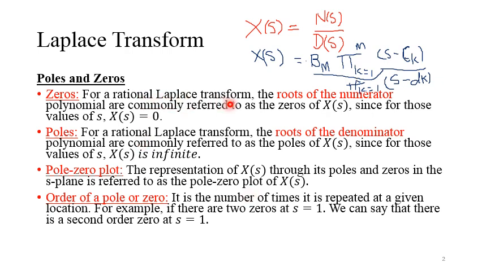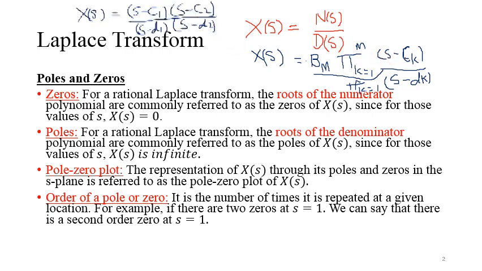For a rational function, the roots of the numerator polynomial are commonly referred to as the zeros of X(s).